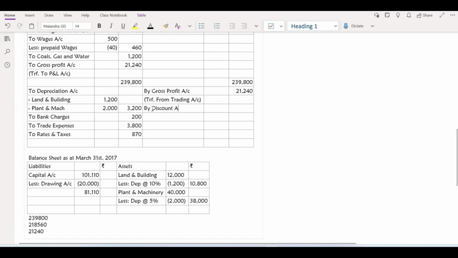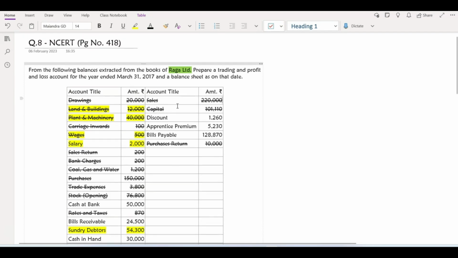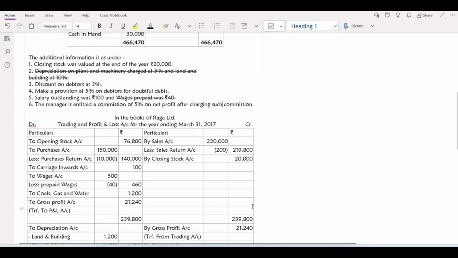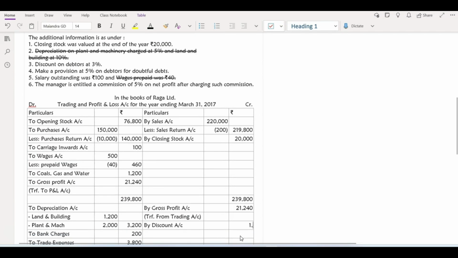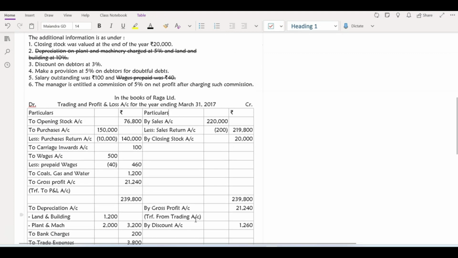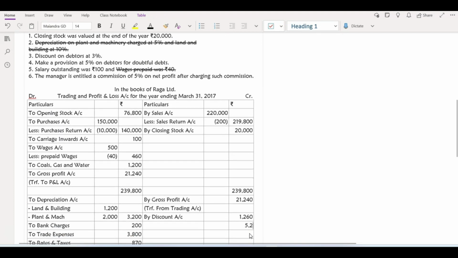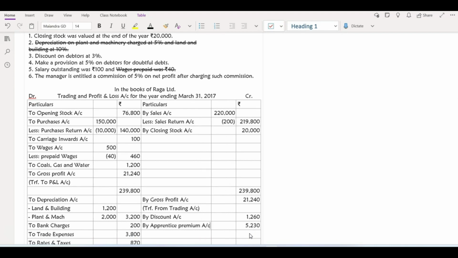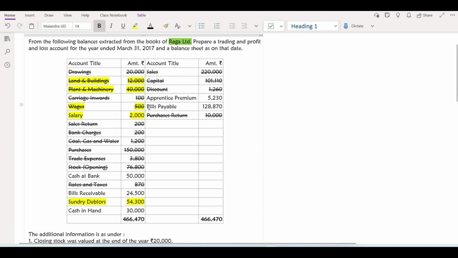By discount account, see, on the credit side the discount has been given, therefore it is our income. All right, 1260. Cross this out. Apprentice premium 5230, by apprentice premium account. So this one is also done.